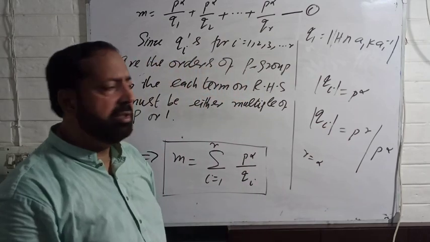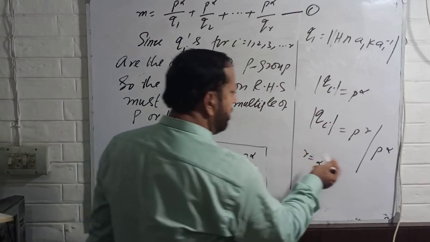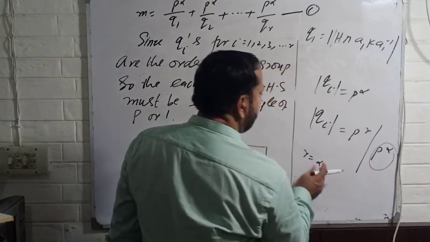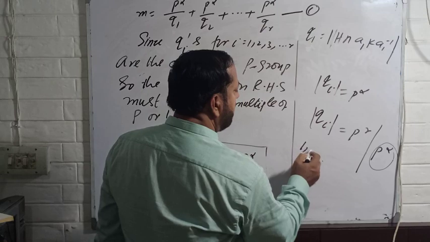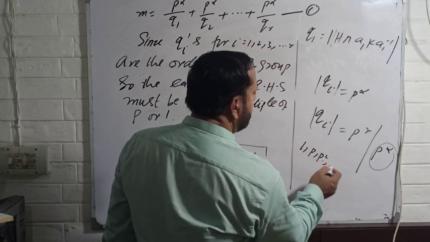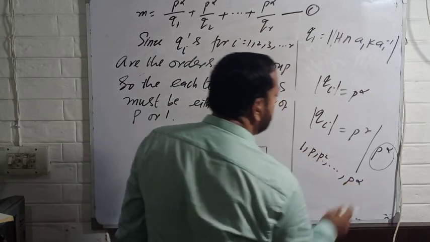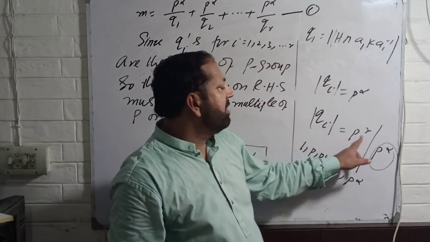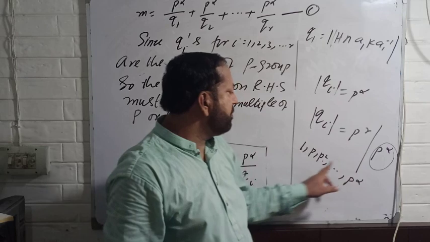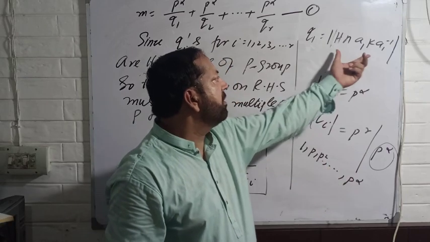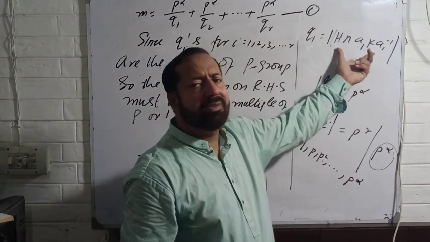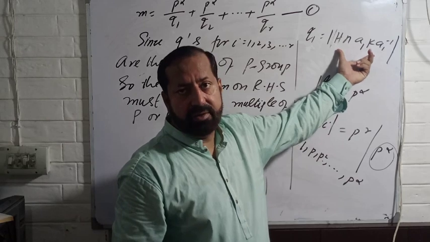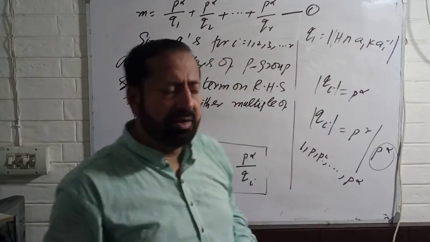And you know that the divisors of p power alpha are 1, p, p square, and so on, up to p power alpha. So the order of Qi must be some power of p, and since it's a divisor of p power alpha, there is a possibility that the order of some of these groups is p power alpha.